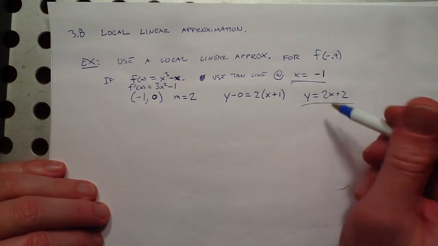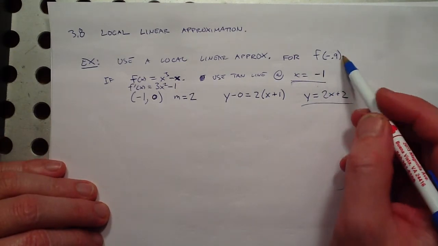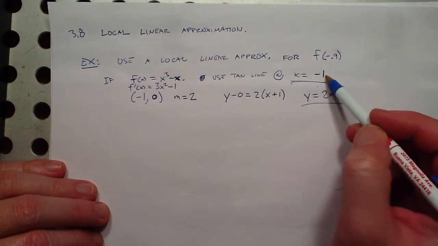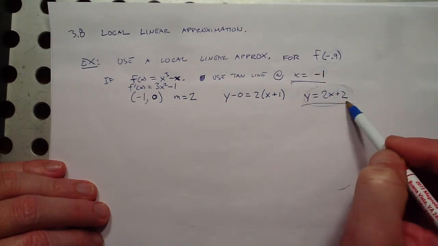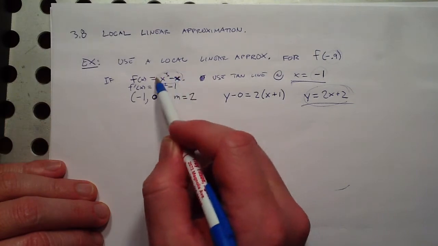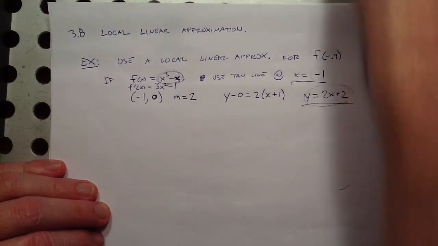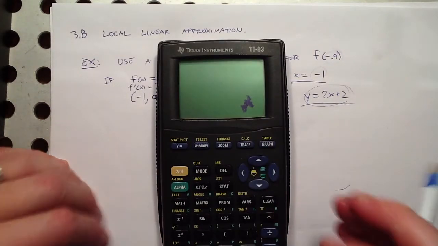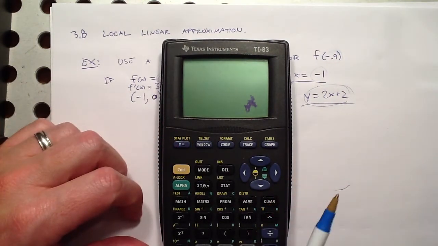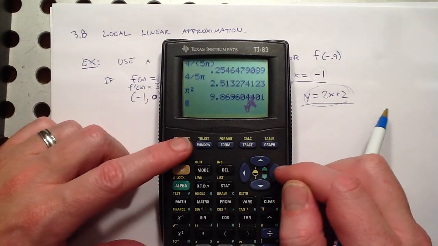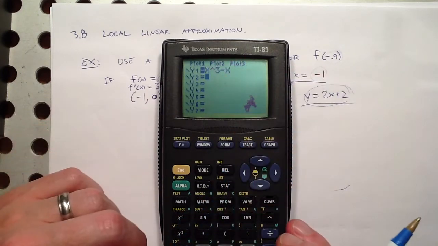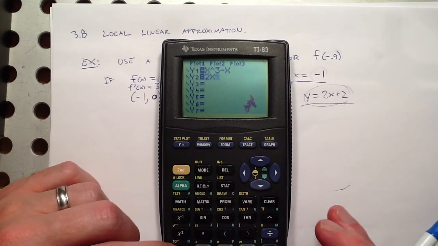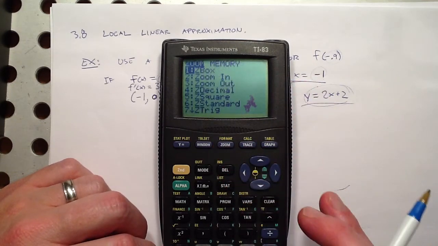Now, that means that I can go ahead and plug in numbers that are near -1, because this tangent line and this graph are very close. So let me go ahead and illustrate that for you so we can get a visual. First, turn your calculator on. So there's my function. Here's the tangent line, 2x plus 2. I'm going to go back to the standard window.